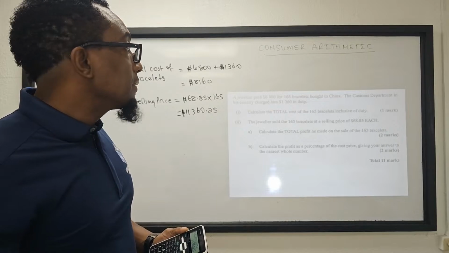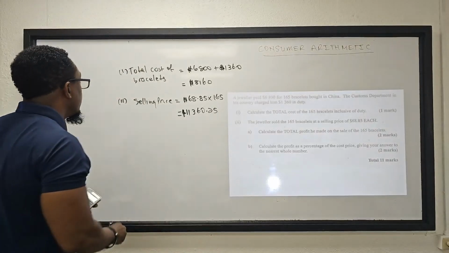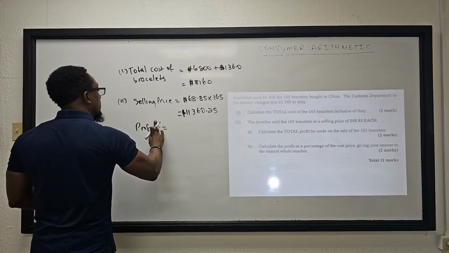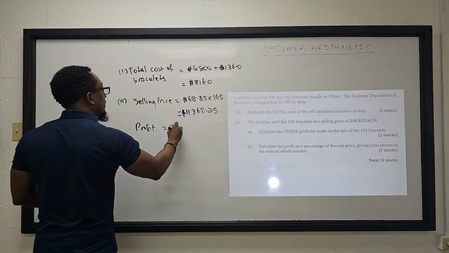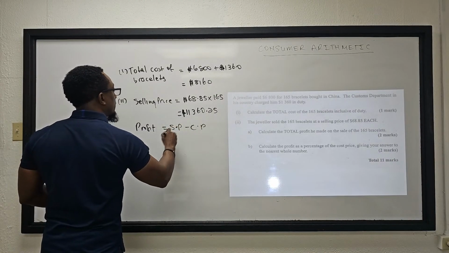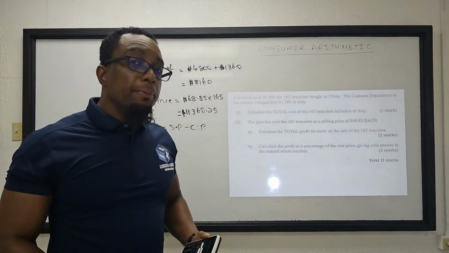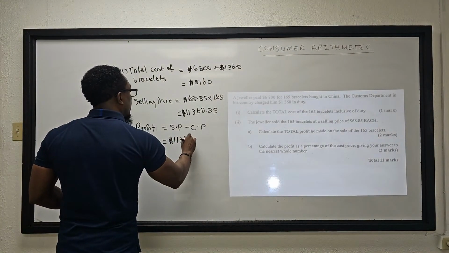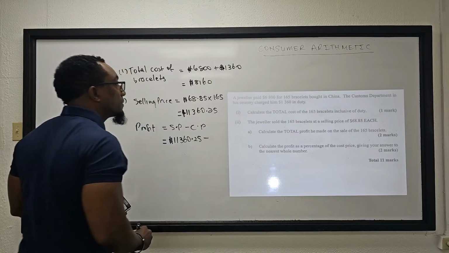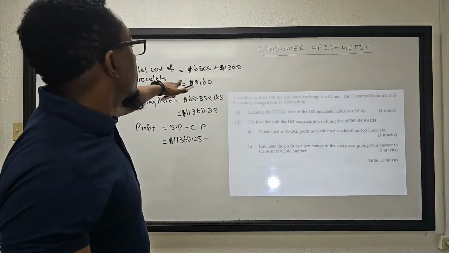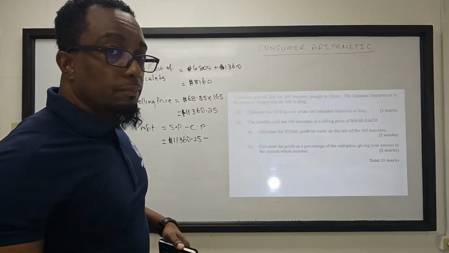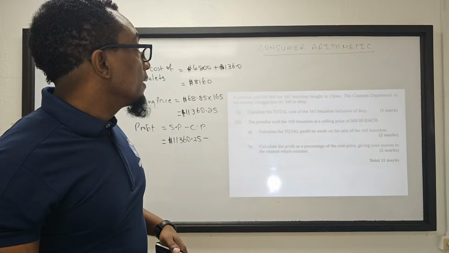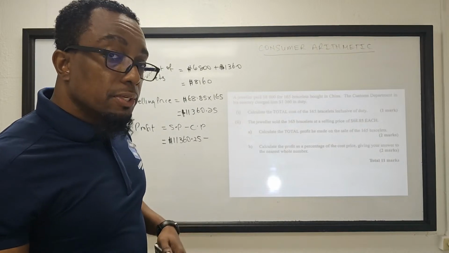So they want us to determine what's the profit made. So the profit made, we know it is selling price minus the cost price. And the selling price will be the $11,327.25. Subtract the cost price, which is your 8,160, which is the cost of the bracelets plus the duty.